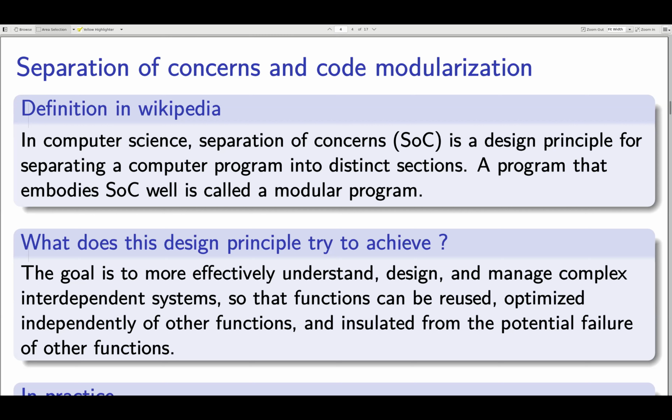The basic idea behind it is that a program shouldn't be a big blob of code and should be split into small modules that you can ideally work on independently from one another.